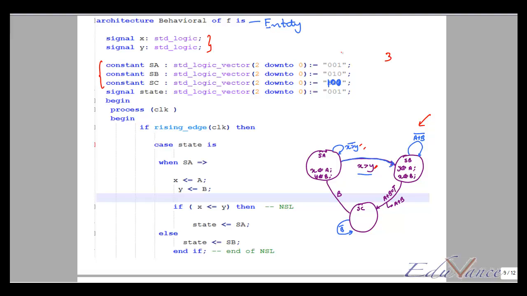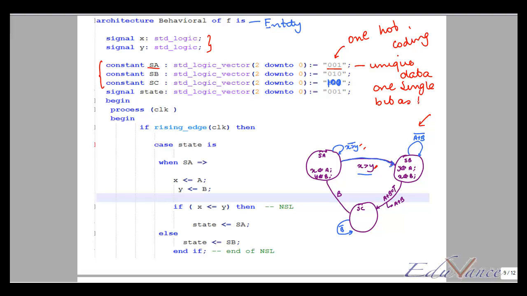and this style is called one hot coding. I will explain this. What we mean by one hot coding is that each state represents one unique data bit which has only one single bit as 1.